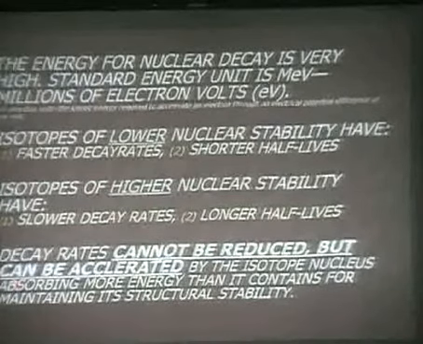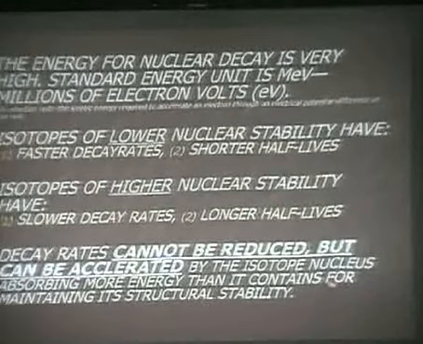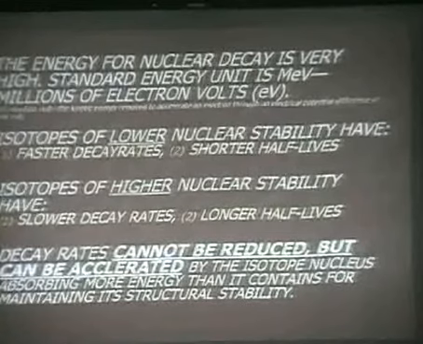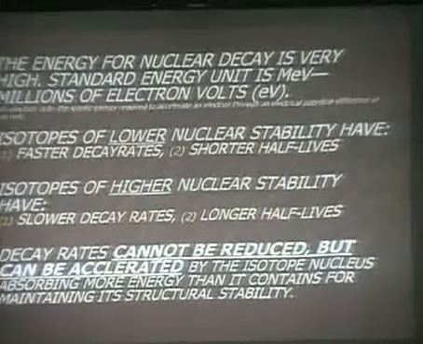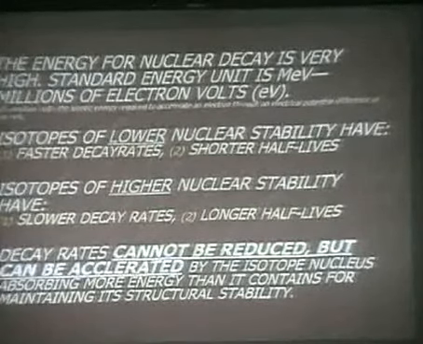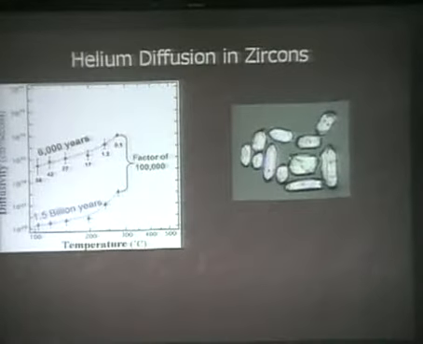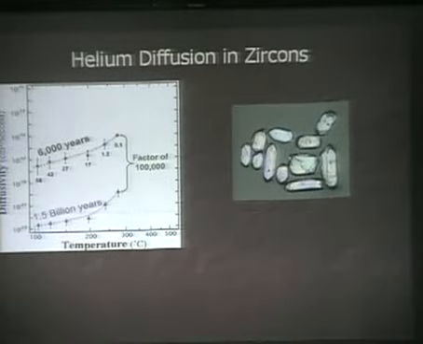So the isotopic nucleus absorbs more energy than it contains for maintaining its structural stability. That's how it's going to do it. If it absorbs more energy than the energy that it contains to maintain its stability, then you're going to have an instability problem, right? Now, we threw this in here because it relates to the dating question.